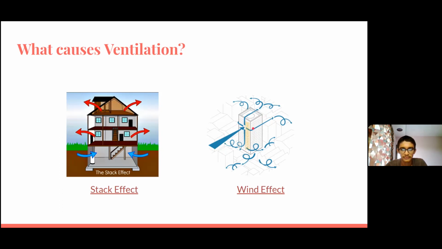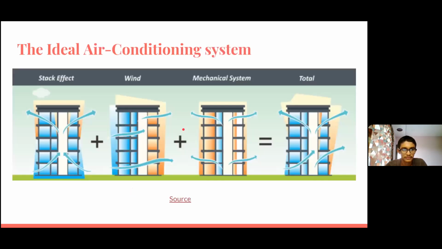This phenomenon is used again by engineers to ensure good ventilation inside the building space. This can be done by opening maybe windows or allowing the air to pass through the entire building so that there's a lot of ventilation and fresh air is introduced regularly into the space. So these are the main two driving factors which are exploited by engineers.